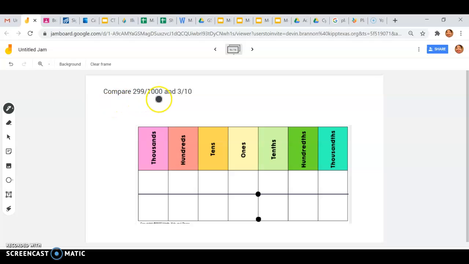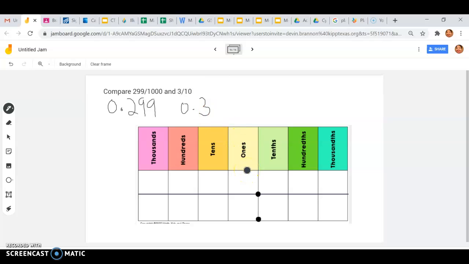Since this is 299 thousandths, the way that we write that is 0.299. And the way that we write 3/10 is simply as 0.3. So we have 299 thousandths, and then we also have 3/10.